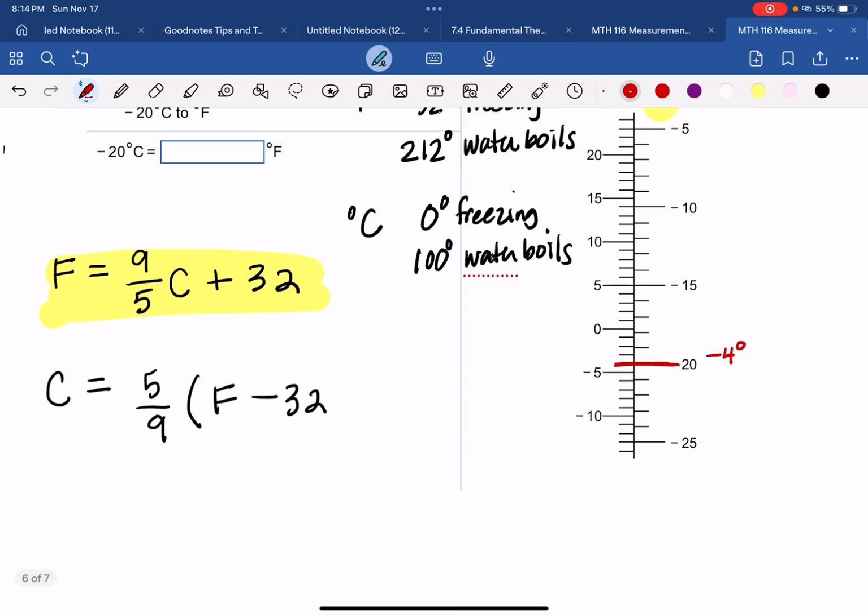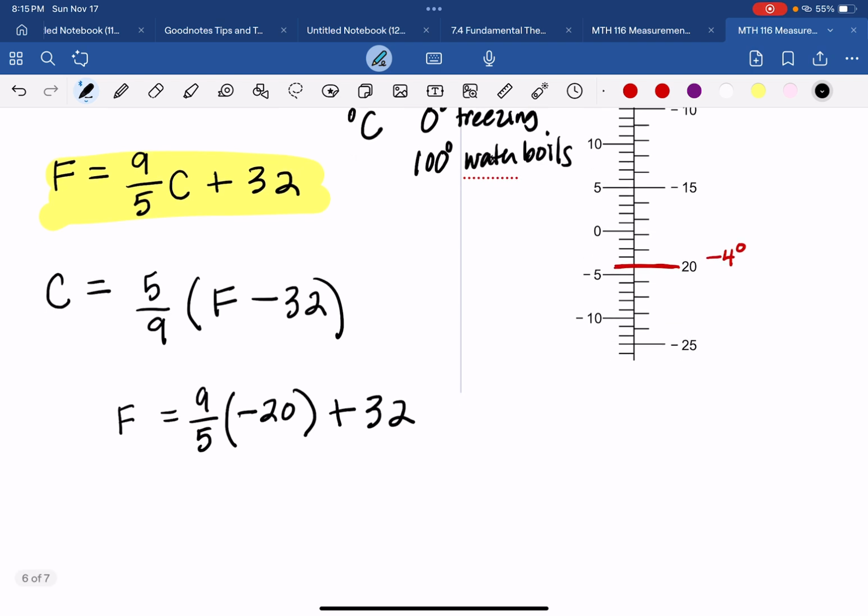So the Fahrenheit degrees that we want is 9/5 times -20 plus 32. Okay, so we've got a fraction and an integer to be multiplied.